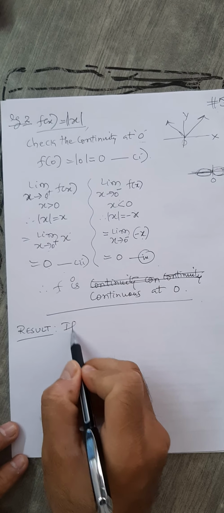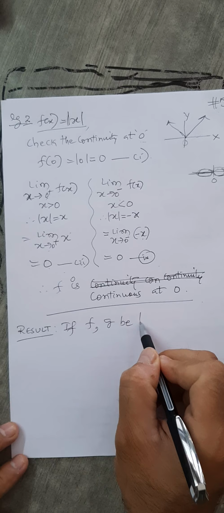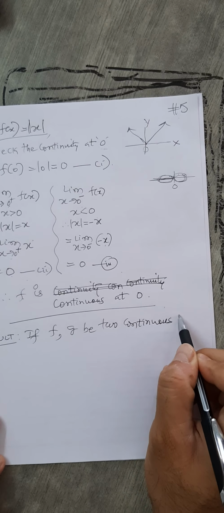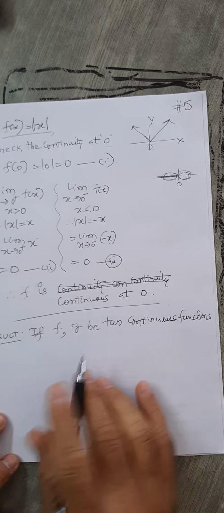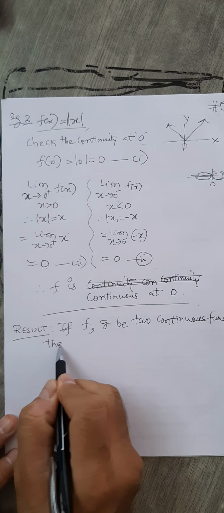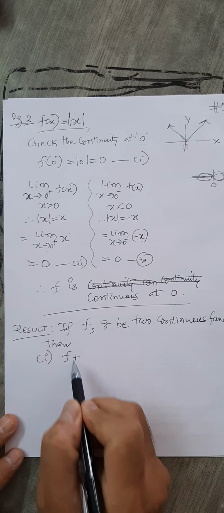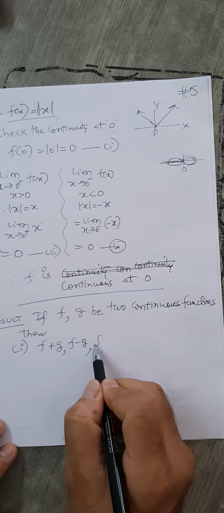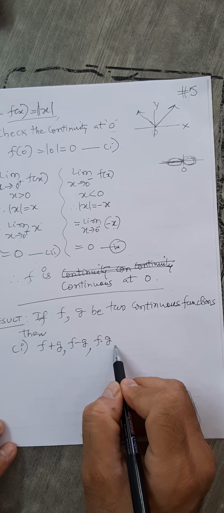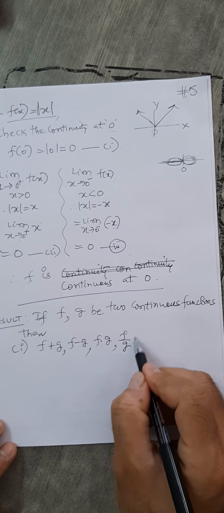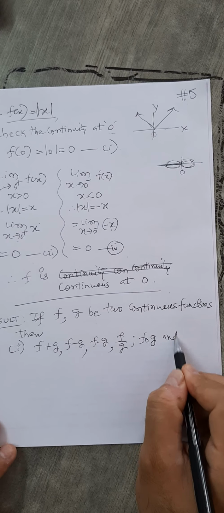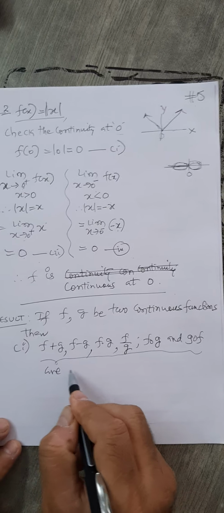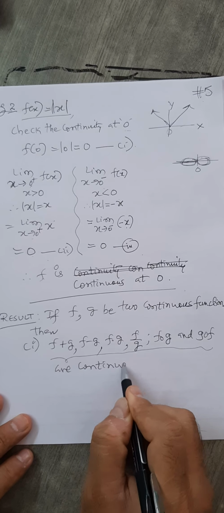The result says that if f and g are two continuous functions, then their addition f plus g, their subtraction f minus g, their multiplication f into g, their division f by g, and their composition, f o g and g o f, are always continuous functions.